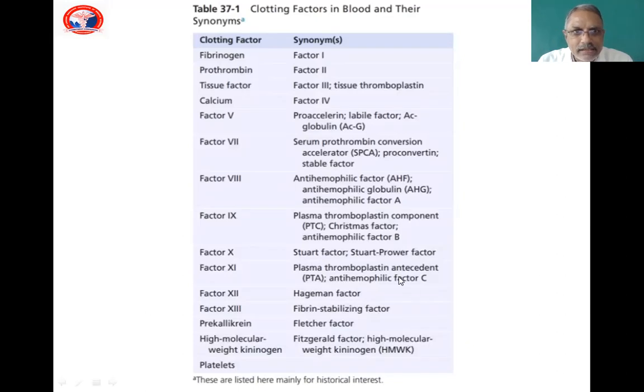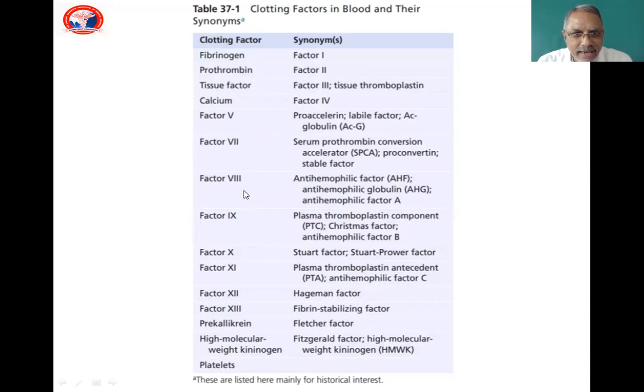And these are the clotting factors: fibrinogen, tissue factor, calcium is factor 4, factor 5 is proaccelerin, labile factor, factor 7 extrinsic pathway, serum prothrombin conversion accelerator.